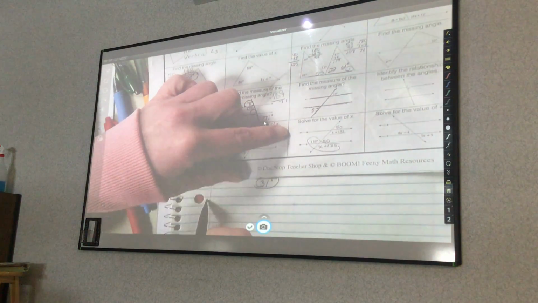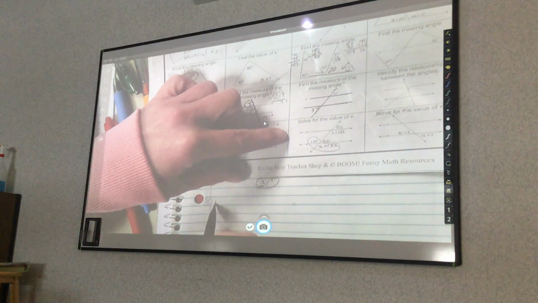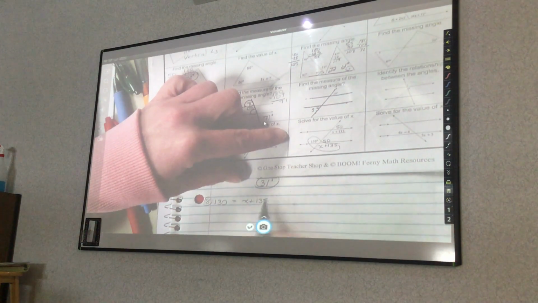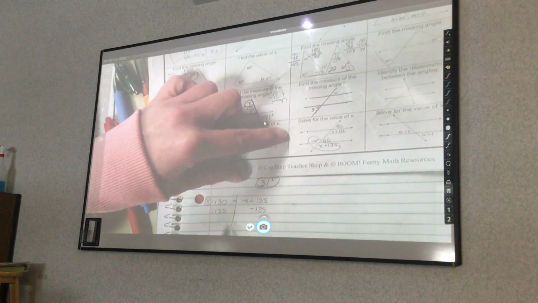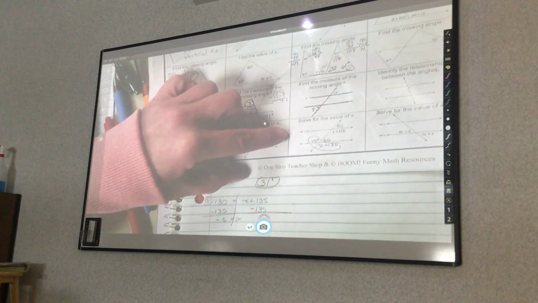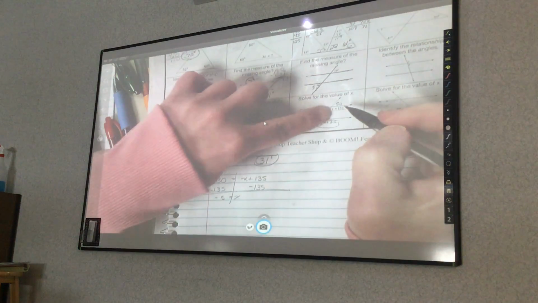So 130 is supposed to equal x plus 135 because the vertical angles equal each other. So then I'm going to subtract 135, subtract 135, x equals a negative 5. I'll do it to where it looks like this.